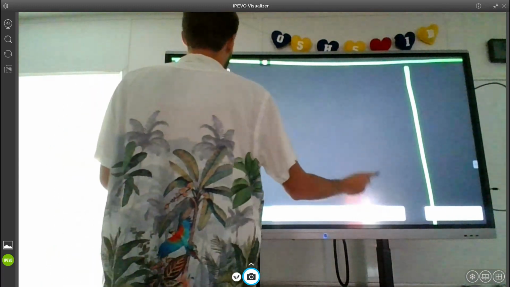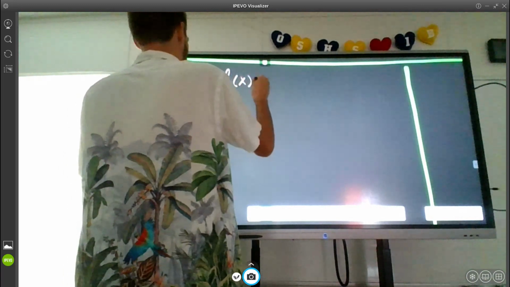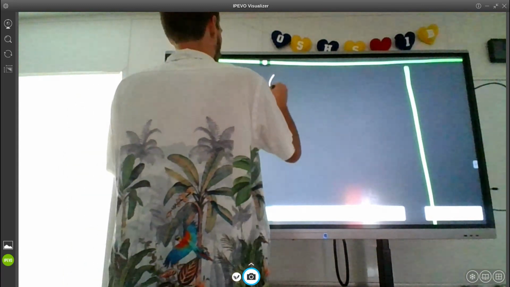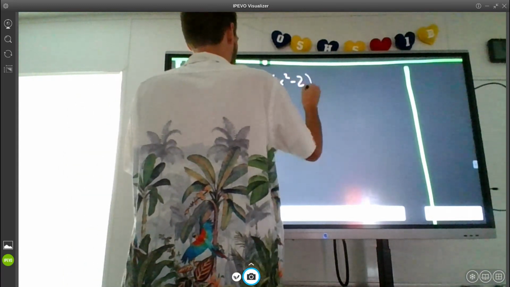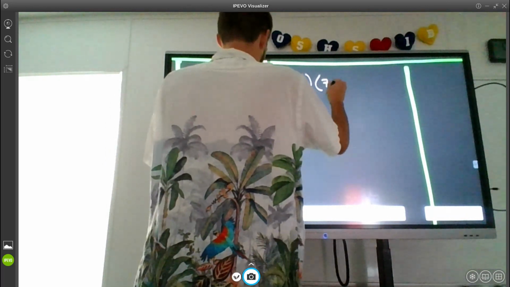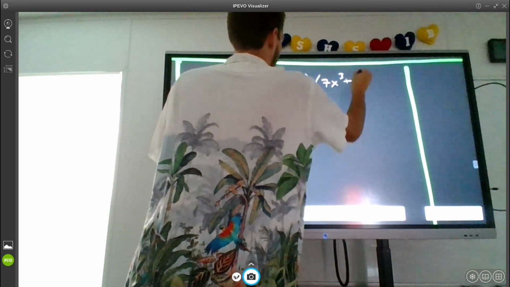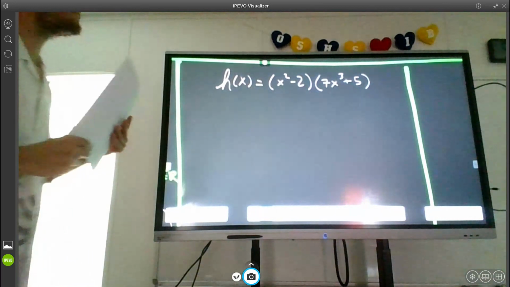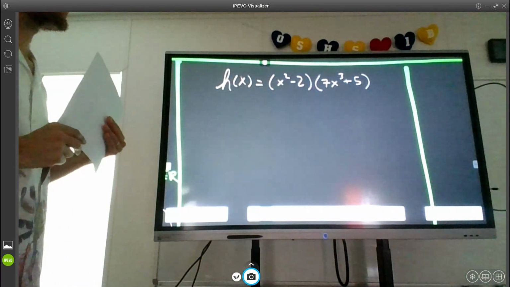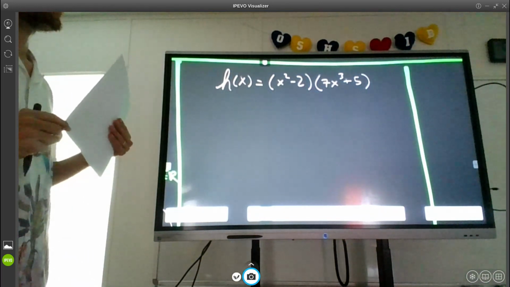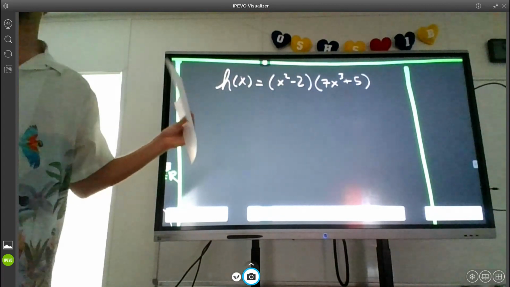h of x is equal to (x squared minus 2)(7x cubed plus 5). Let's do this two ways.